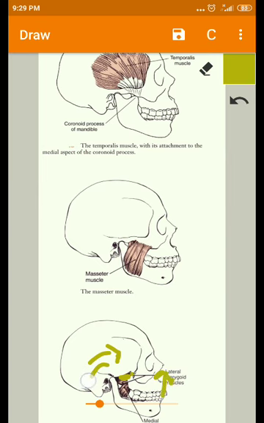This rotation will occur till the head of the mandible, or we can call it the condyle of the mandible, sits into the mandibular fossa. So to rotate the articular disc anteriorly on the condyle is brought about by the superior fibers of the lateral pterygoid muscle.